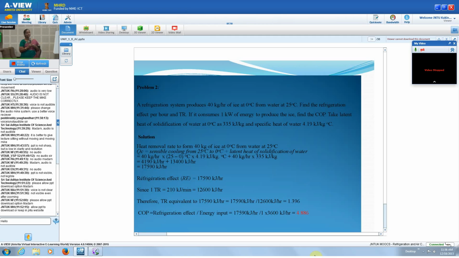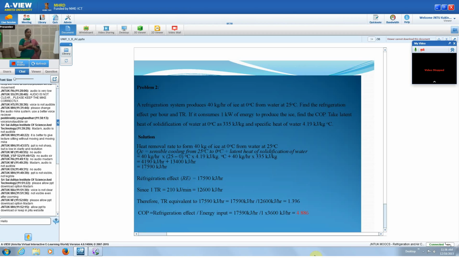You can assume that latent heat of fusion of ice at 0 degrees centigrade is 335 kilojoules per kg, and specific heat of water is 4.19 kilojoules per kg degree centigrade.